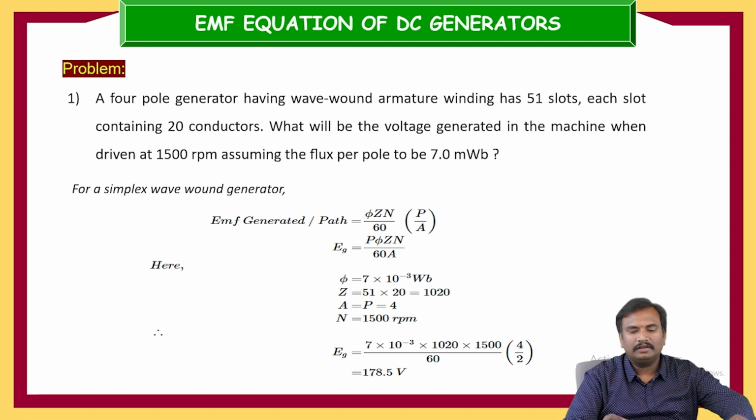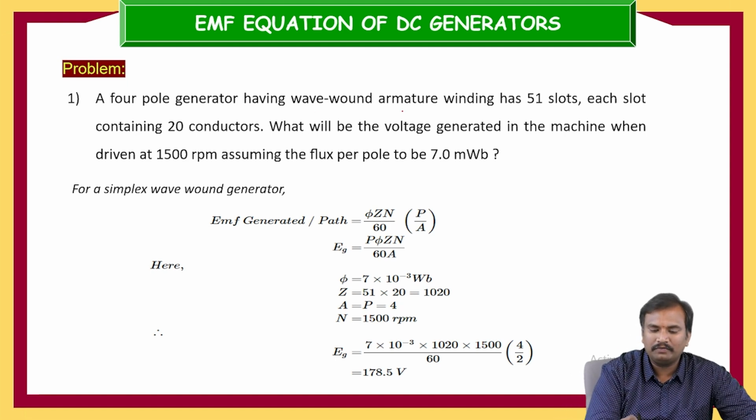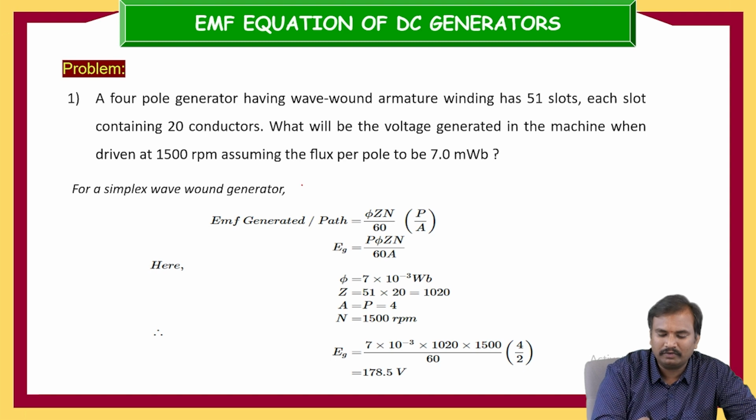The wave wound armature means the number of parallel paths is 2.